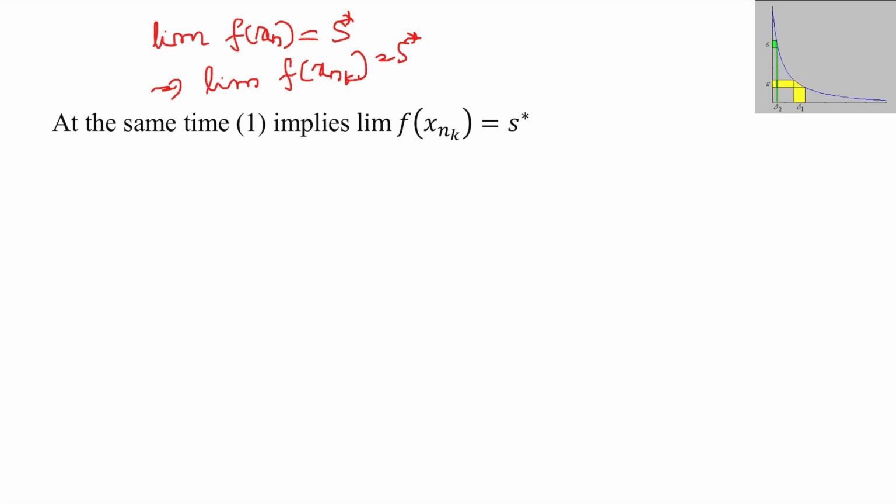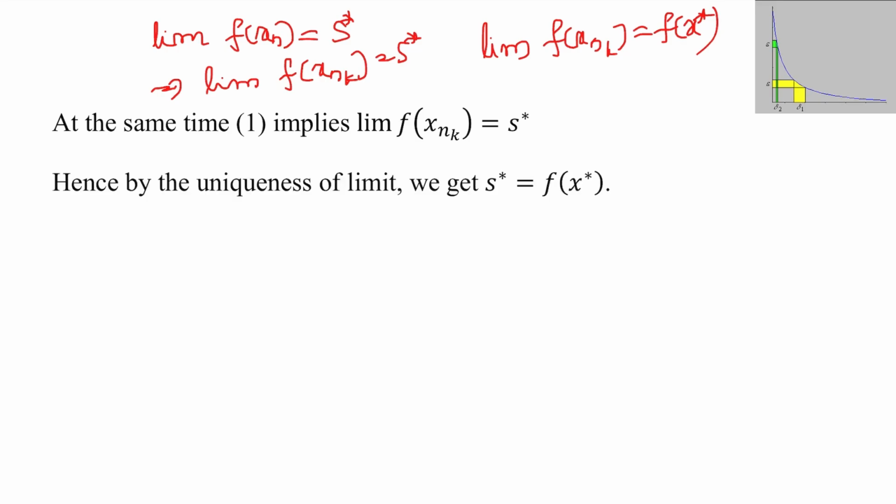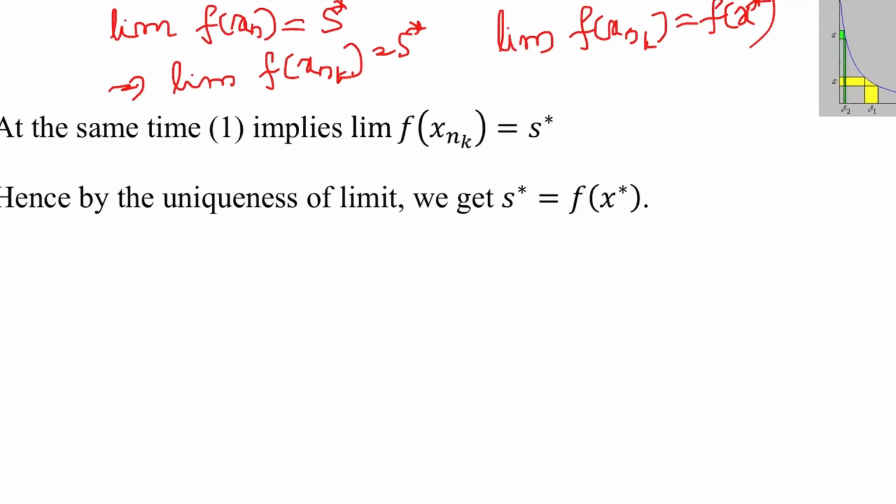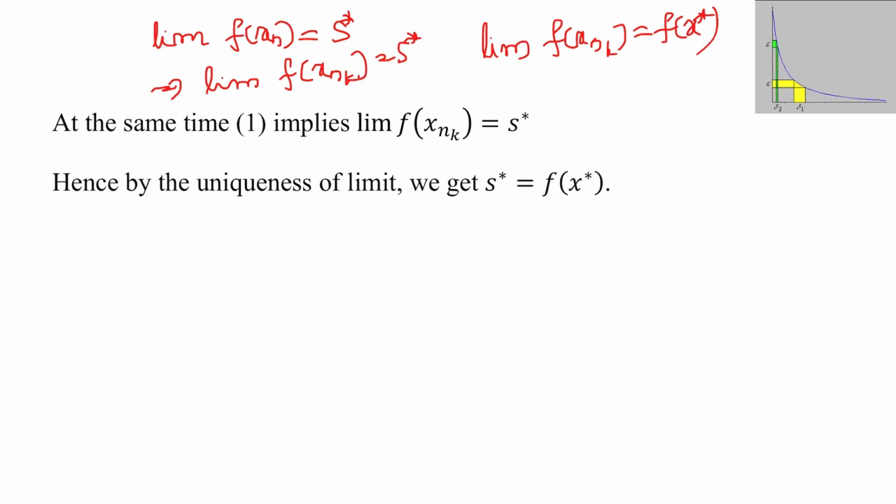Now we have limit of f of xnk equal to s upper star as well as limit of f of xnk equal to f of x upper star. But the limit of a sequence is unique. So we can say that s upper star is the same as f of x upper star.